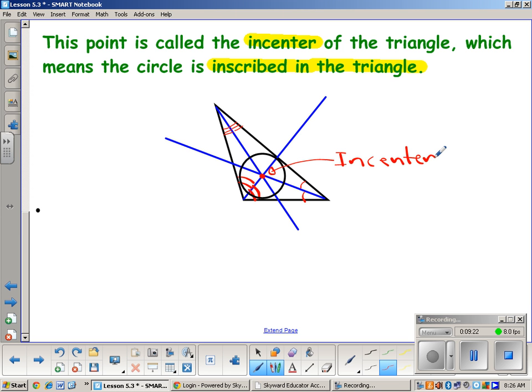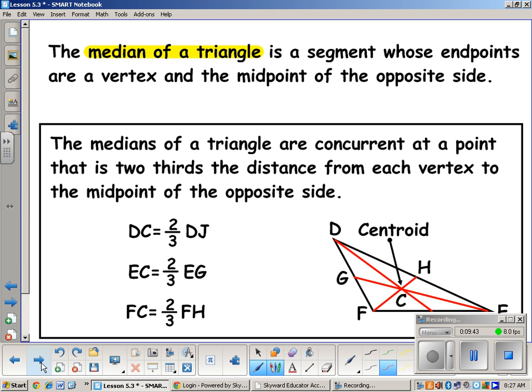And then we just talked about the angle bisectors create the incenter, and that creates a circle that goes inside, and it just touches each of the sides at exactly one point, right there, and right there. Okay? That's what we get from that. All right? Next page.